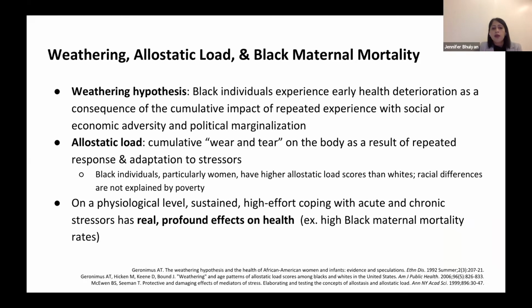Studies have shown that Black individuals, particularly Black women, have higher allostatic load scores than whites. Again, these differences in race cannot be explained by poverty. So on a physiological level, the sustained high effort coping with acute and chronic stressors over time has real, profound effects on health. An example of this is when we see these high Black maternal mortality rates in the US.